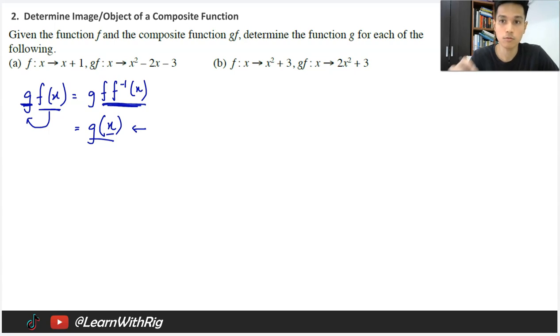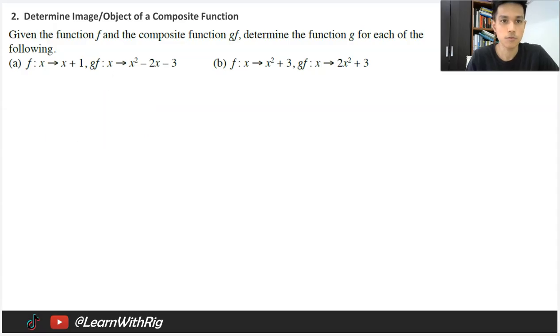I'm going to show you how to find f inverse(x), so bear with me. Now you understand how to solve this, right? You just have to follow the steps. In this case, you're looking for g(f(f inverse(x))). But what is f inverse(x)? Now I'm going to show you how to get it. So you know that f(x) is x plus 1.